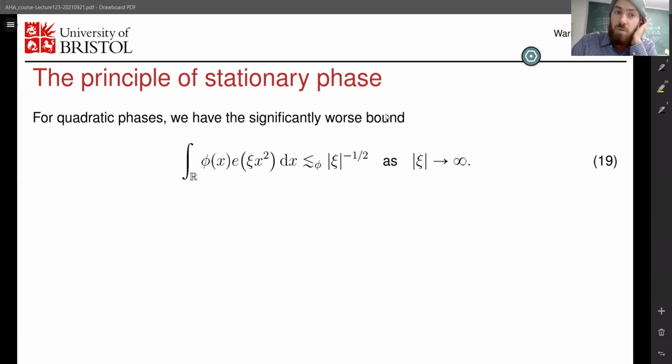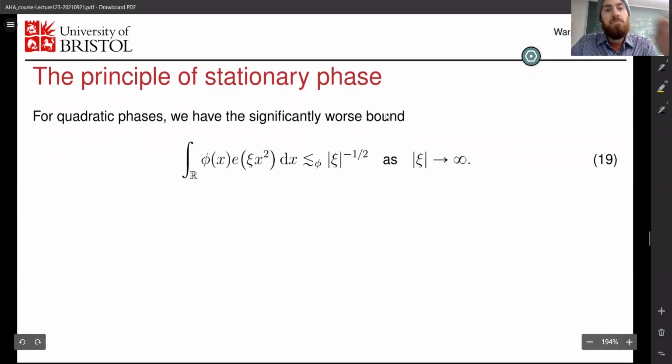Okay, so returning to the principle of stationary phase, what is this? The non-stationary meaning in non-stationary phase was that this first derivative was always bounded away from 0, say always in absolute value at least 1.